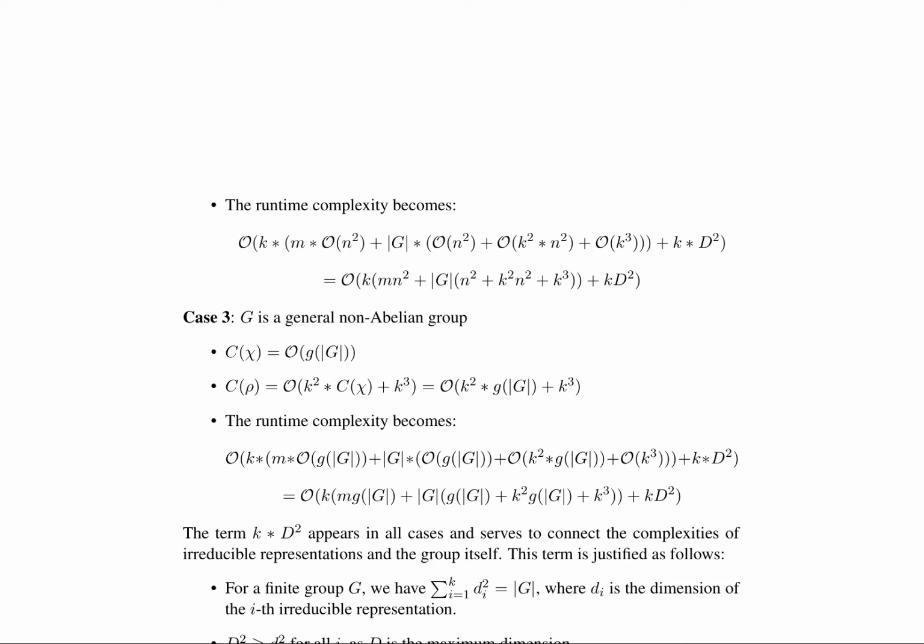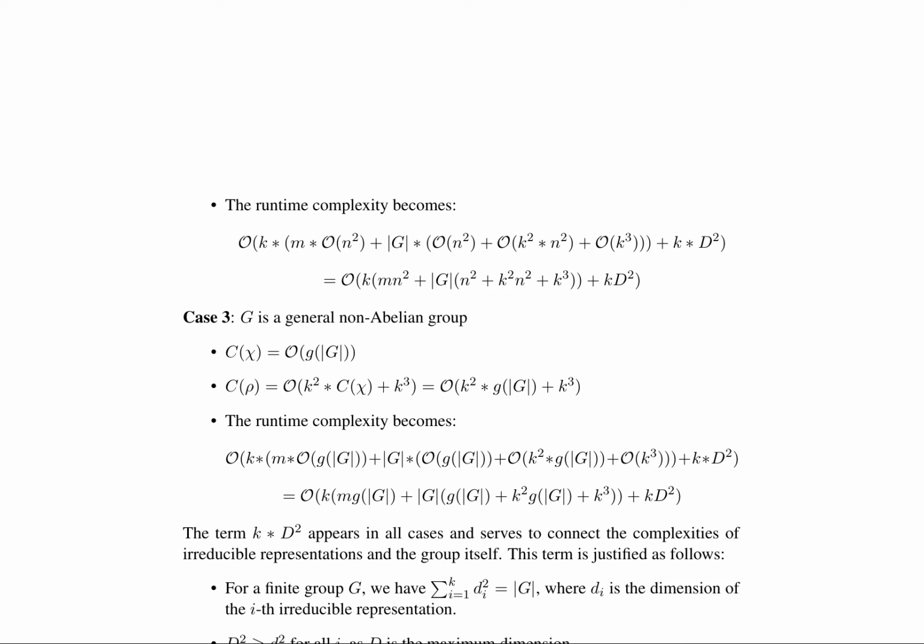The complexity depends on the type of group G used in the simulation, with 3 cases considered: G is an abelian group, G is a finite group, and G is a general non-abelian group. For G being abelian, the complexity is O(kmn^2 + gn^2 + k^2n^2 + k^3 + kd^2), arising from quantum Fourier transform and group operations.